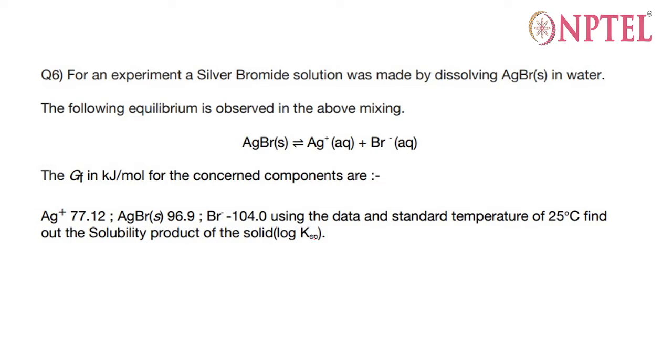So find the solubility product of the solid, that is log Ksp. Let's quickly calculate this and I'll give the answer. This is also a very easy numerical with a very common, small equation.